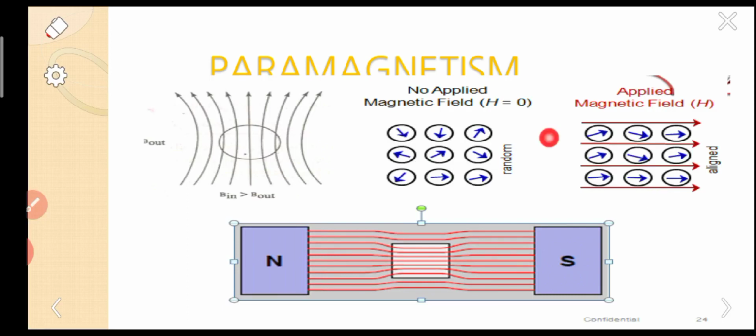I will once again explain this with the two diagrams. In the absence of magnetic field, the dipoles are random. In the presence of magnetic field, almost 30 to 40% of dipoles are oriented in the field direction. Only a small number of dipoles are attracted towards the field direction, so it is a weak effect. This is called weak magnetism, and such materials are called paramagnetic materials.